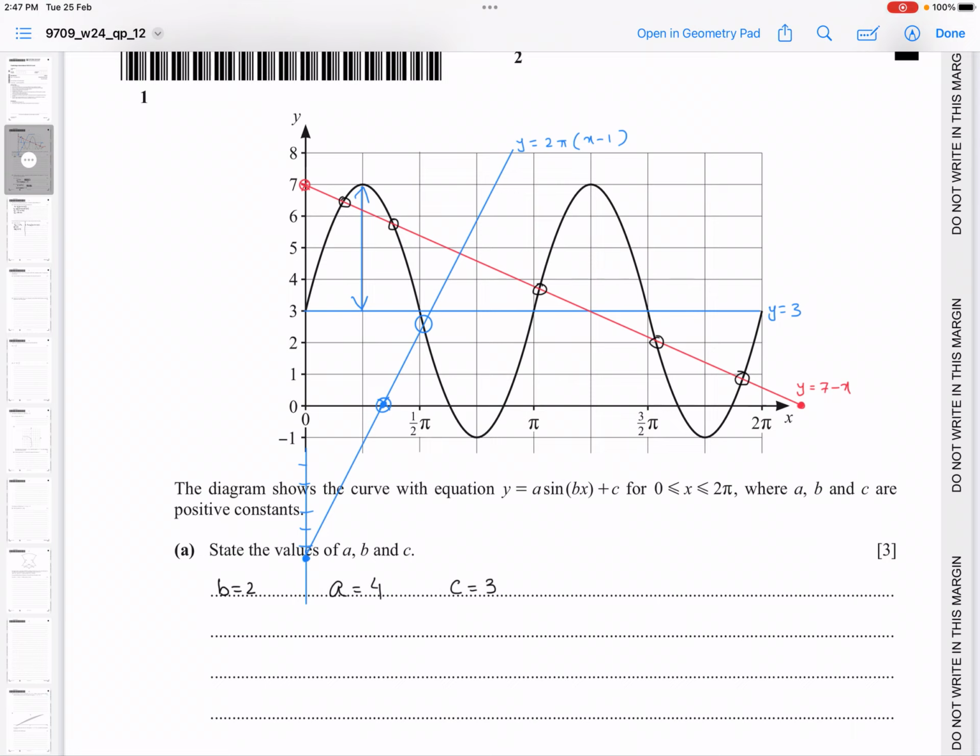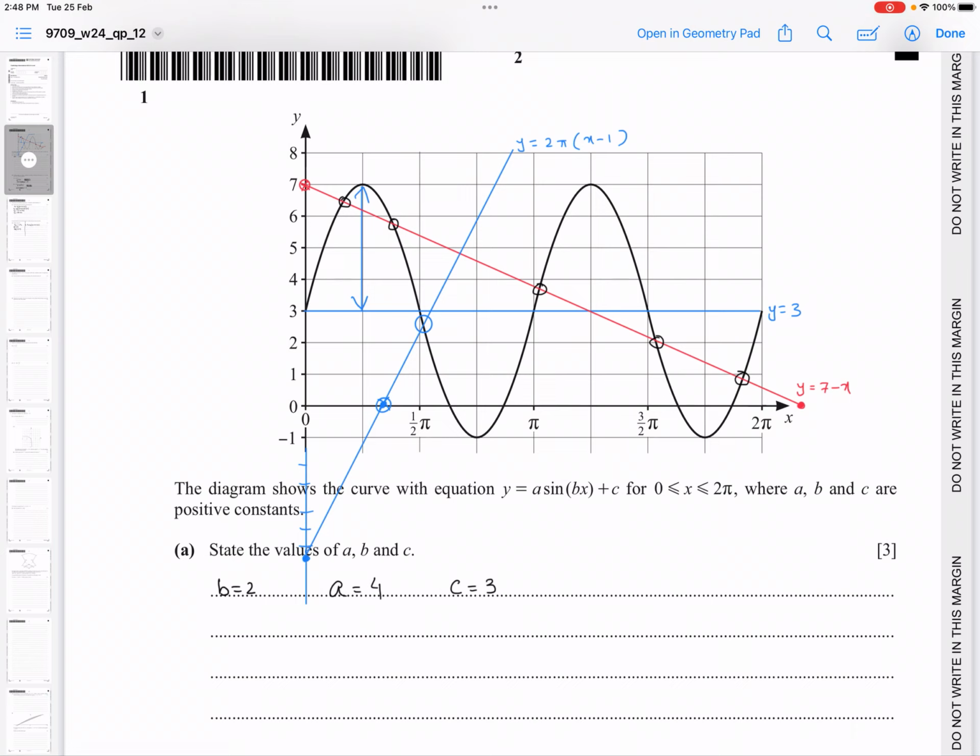A equals the amplitude. Amplitude is always measured from the baseline, and the baseline in this diagram is y equals 3. You can see I have marked the baseline in blue and written its equation, y equals 3. So count units from y equals 3 upwards or downwards to find the value of a.